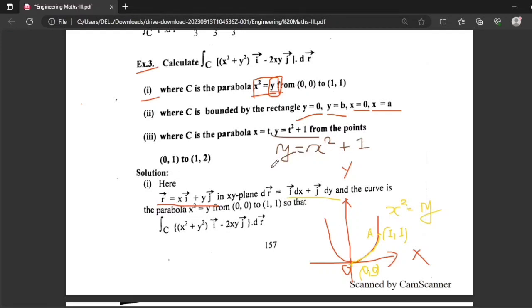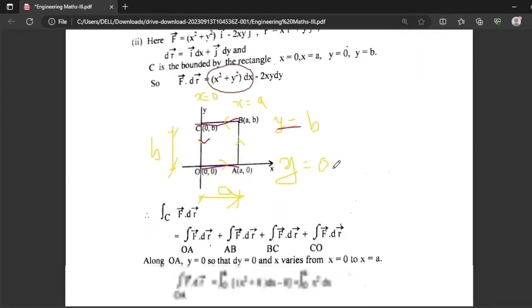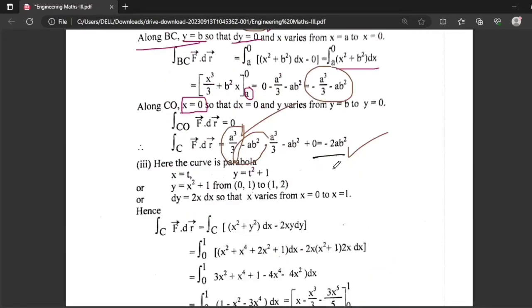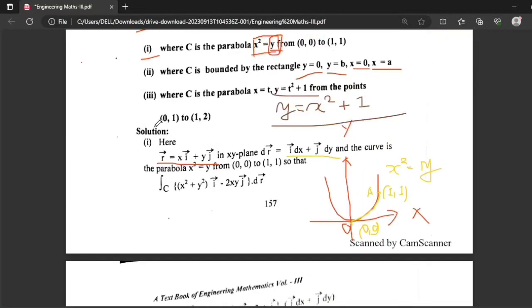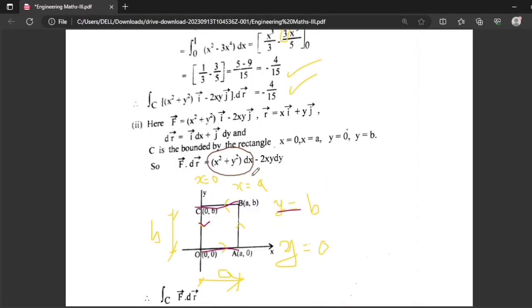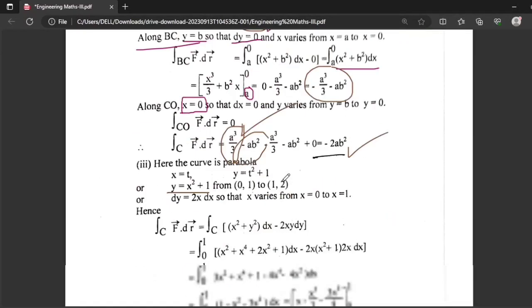So this is the required equation of the parabola: y equals x square plus 1, from the point 0, 1 to 1, 2.